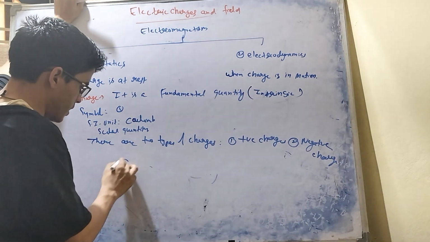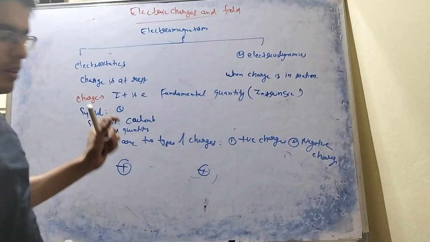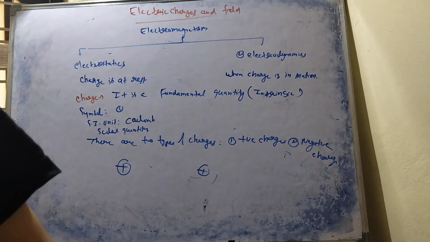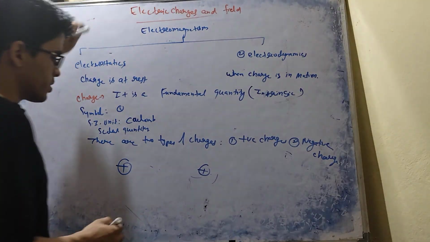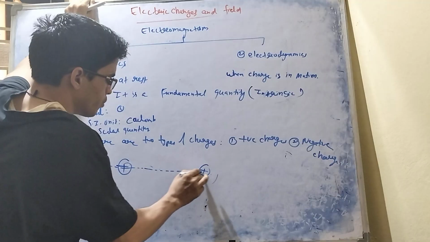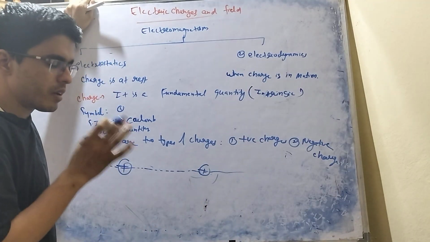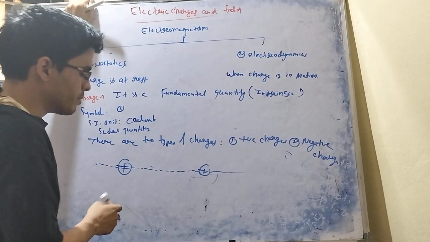Now I am asking one question. Suppose we have a positive charge, here also positive charge, right? So between both charges an electrostatic force will exist, right? First you have to draw a line joining both charges. Here repulsive force or attractive force? Repulsive force, right? Because both have the same sign.